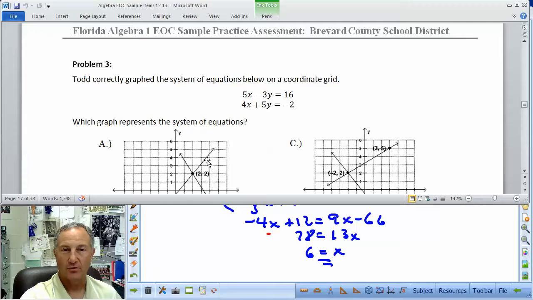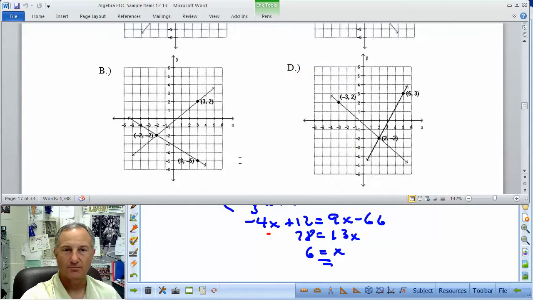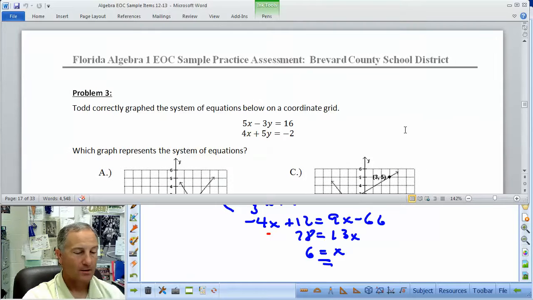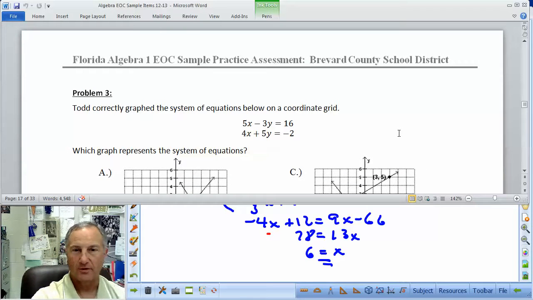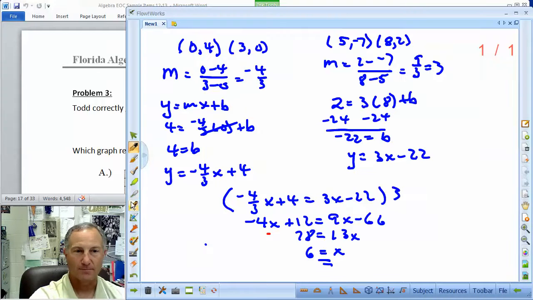If that doesn't work, you can try the others. What I'm going to do for you here is go ahead and solve them using the elimination method so you see that method one more time.